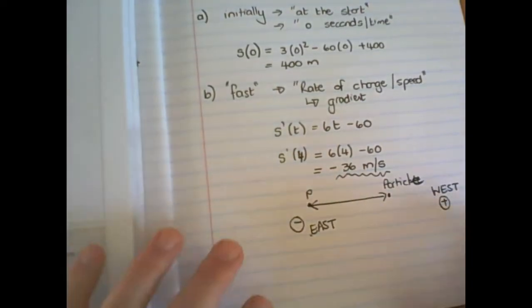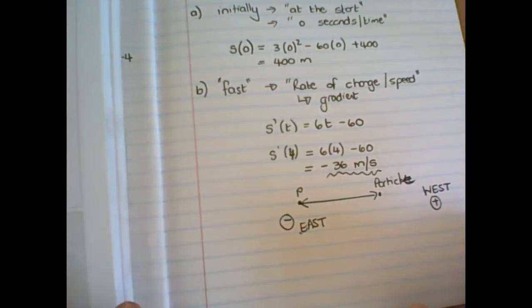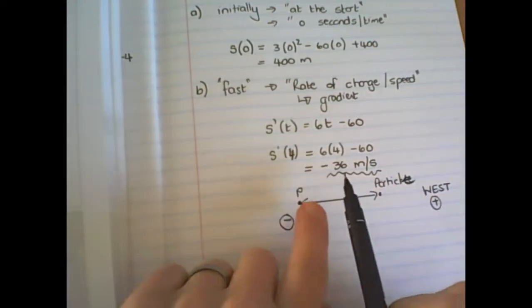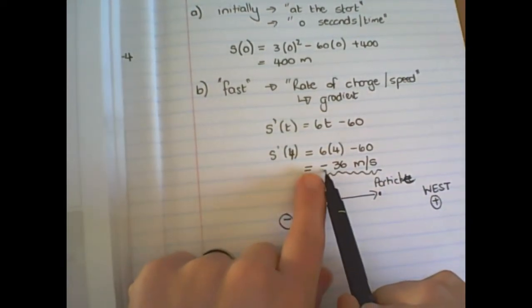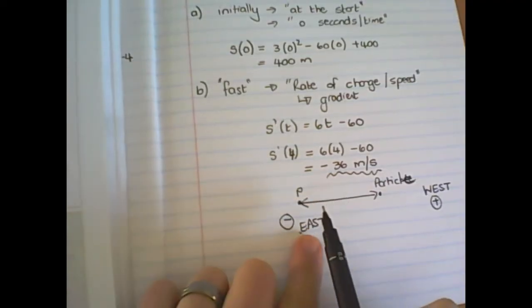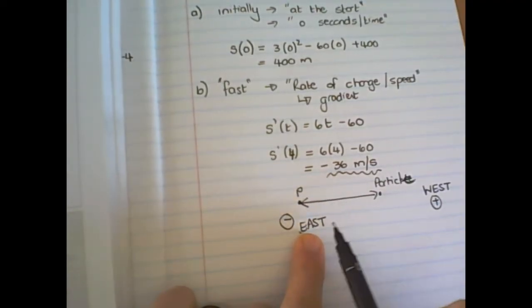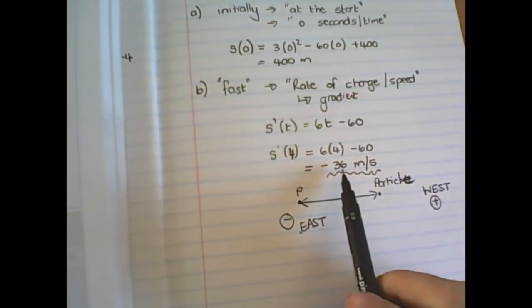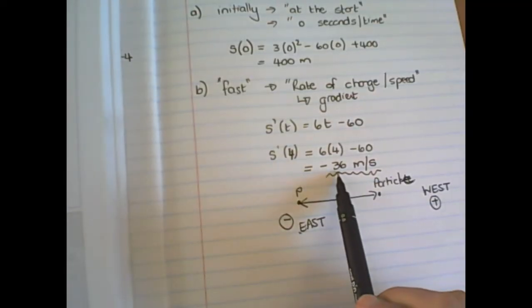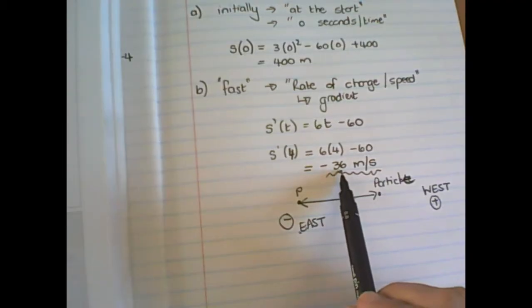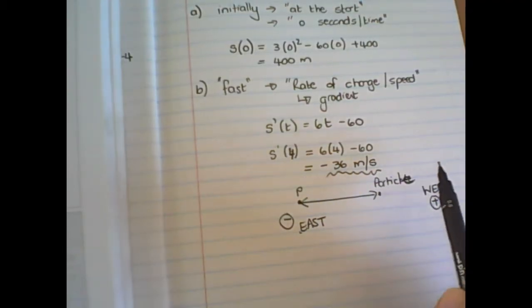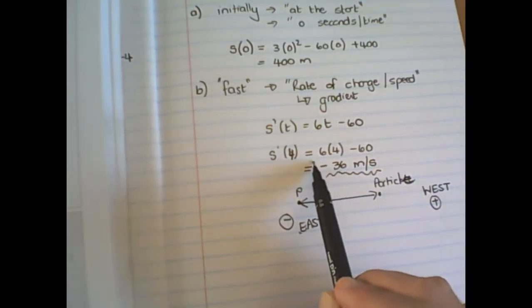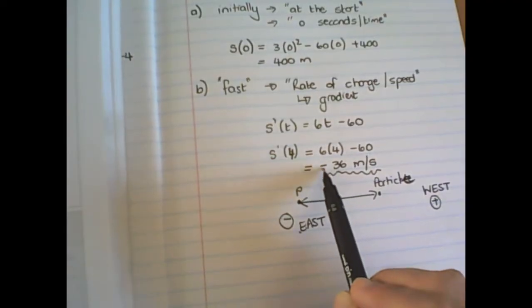So the way to help yourself a little bit, because it's negative, if you are not sure about the direction, it would be 100% correct if you say we're moving 36 meters per second in the opposite direction because of the negative.